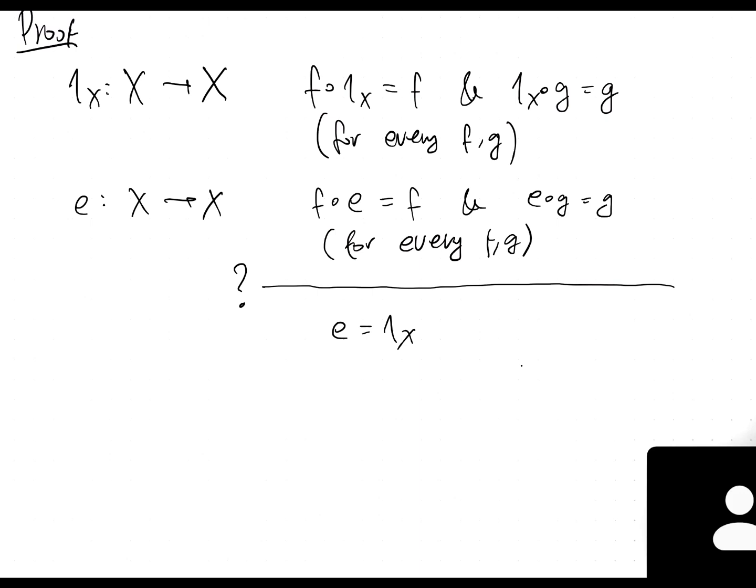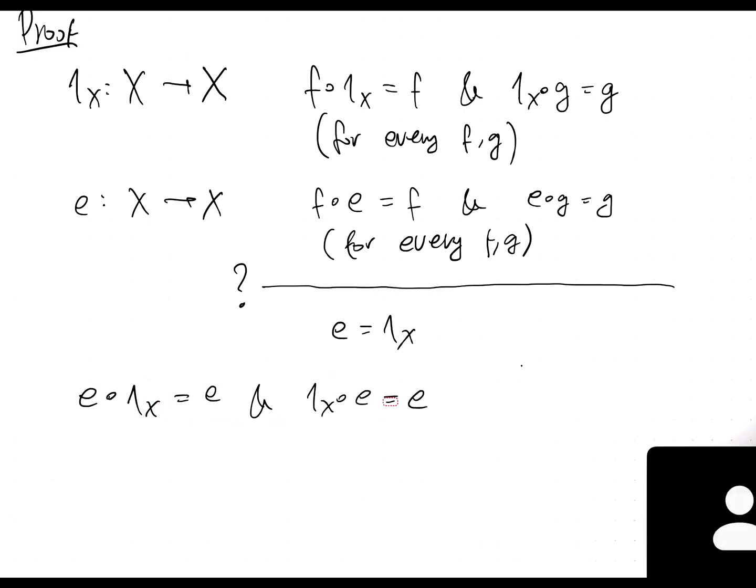So for instance, in the first set of equalities, we could substitute f to be e, right? We then get e composed with identity x equals e, and identity x composed with e equals e.